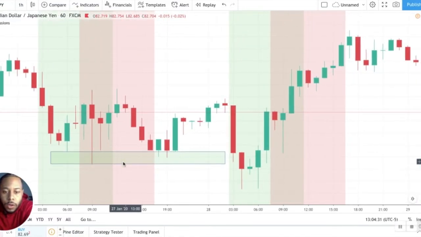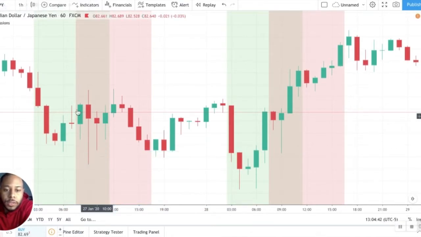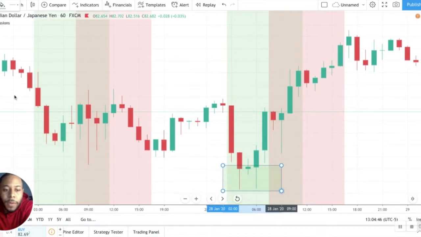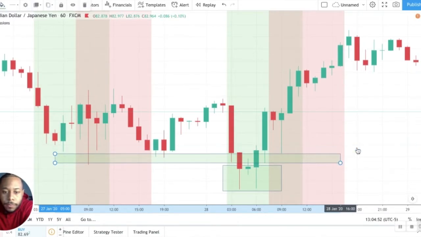So once we saw this area of liquidity being created, we wanted to wait for price to actually dip below. Once price dipped below, that's when I started to focus into this area here for my entries, right? So this was an area that I was looking out for to be taken out.